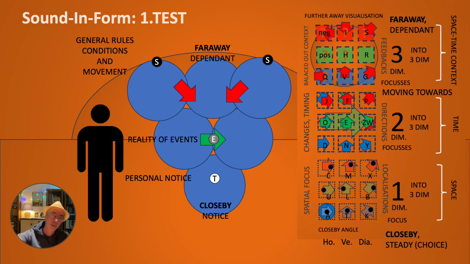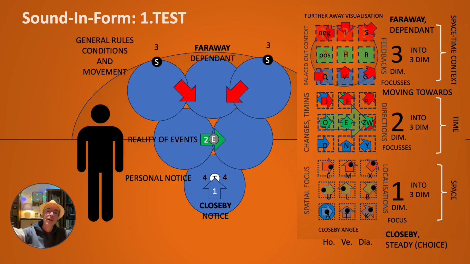And then this far away zone is of course the place where also the letter S is lying. So you have test in this order. You start close by with a personal notice. You start to measure it actually, and then you see how it behaves. So the reality of events in the letter A is the second one.